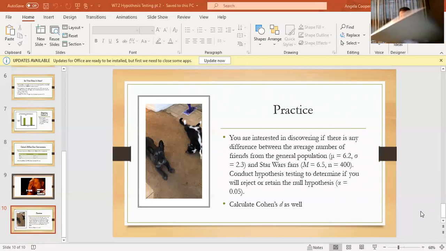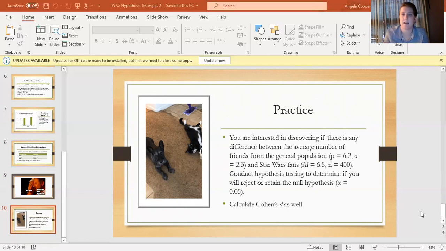Now, let's do step one. Step one for hypothesis testing is, of course, stating our hypotheses. We're saying that the population of Star Wars fans, keep in mind this is our sample, has the same average number of friends as the general population. That is the null hypothesis. We write that as H naught, the H with little zero, where mu is equal to 6.2, the average for the general population.